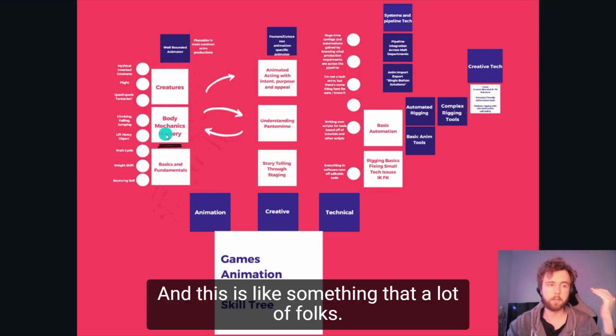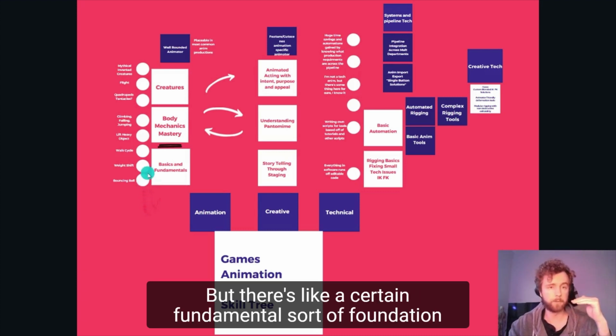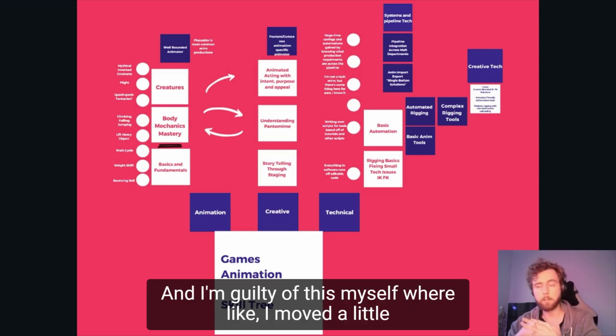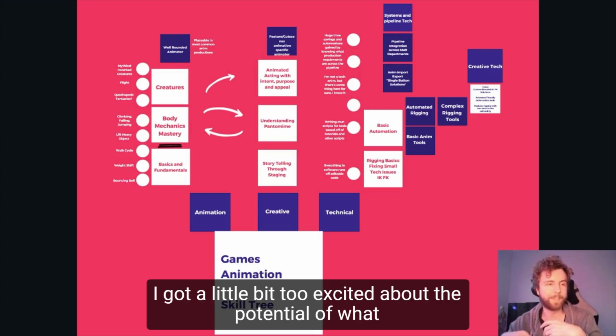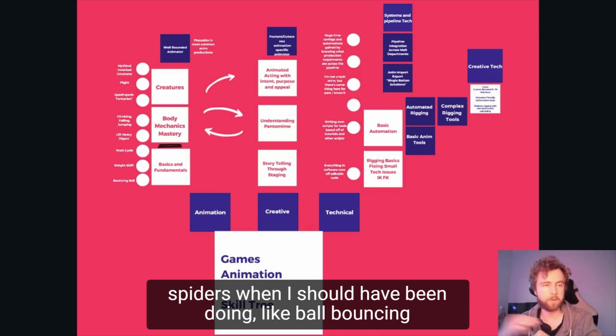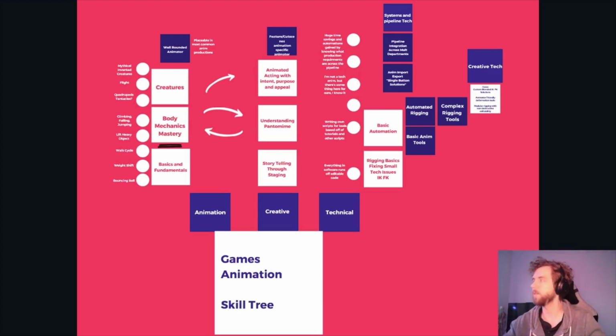And this is something that a lot of folks, and I'm sure this happens a lot in other disciplines as well, there's a certain fundamentals foundation that you need to build before you can move up. And I'm guilty of this myself, where I moved a little too quickly. I got a little bit too excited about the potentials of what I could be doing with animation, and went straight to animating spiders, when I should have been doing ball bouncing and weight shifts and those sorts of things.